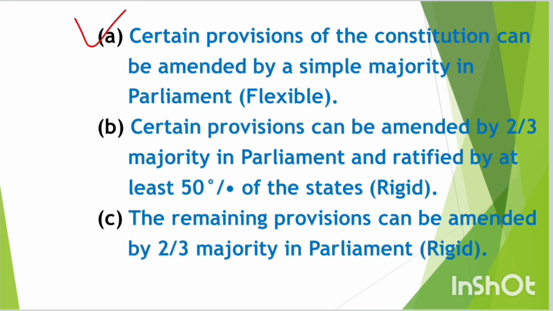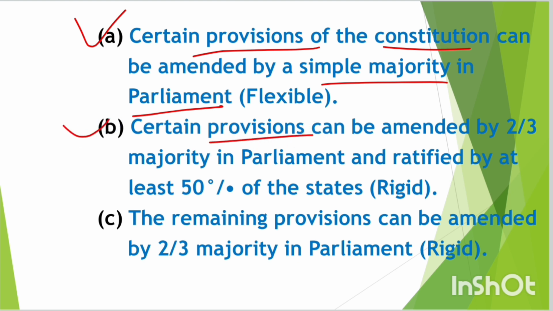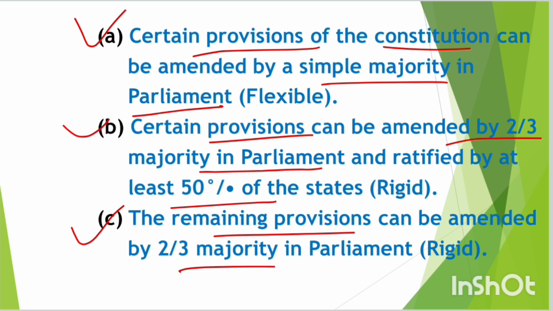First point, certain provisions of the Constitution can be amended by a simple majority in the Parliament. Next point, certain provisions can be amended by a 2/3 majority in the Parliament ratified by at least 50% of the states. Next point, the remaining provisions can be amended by a 2/3 majority in the Parliament.